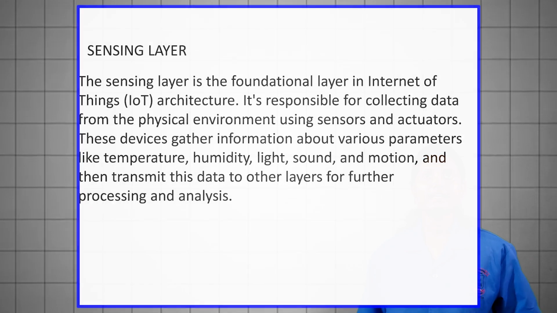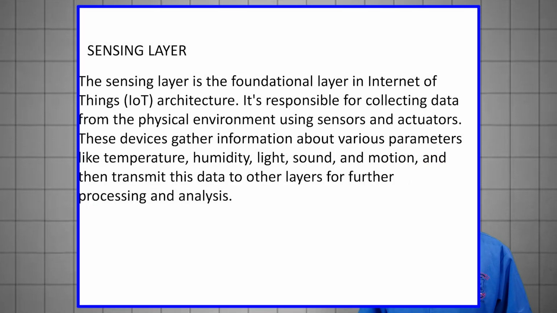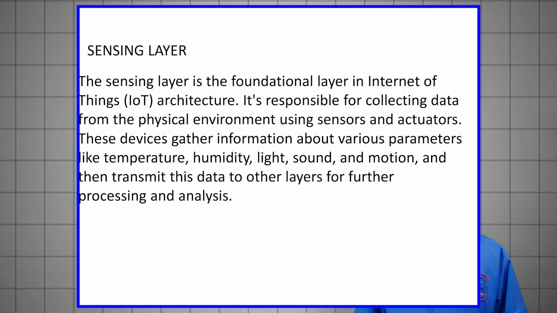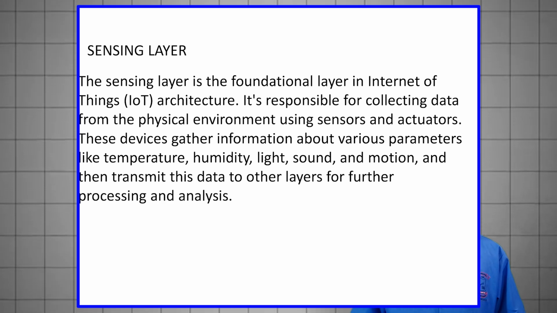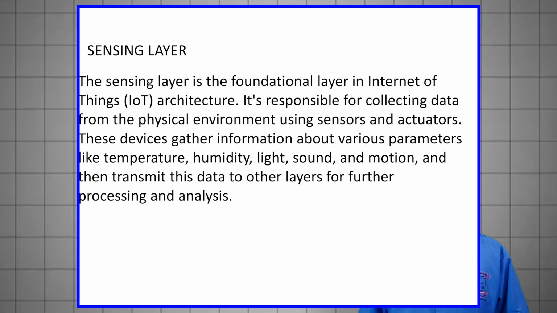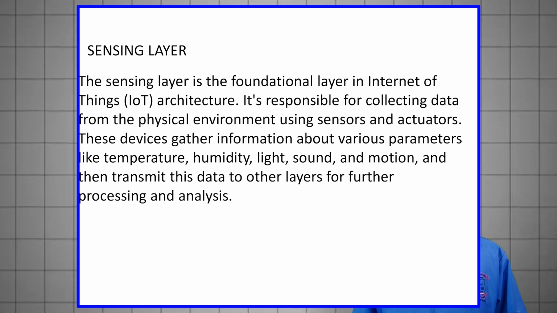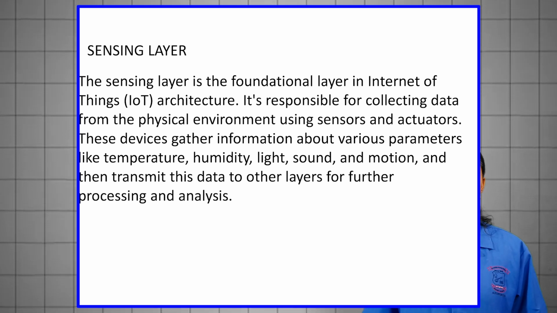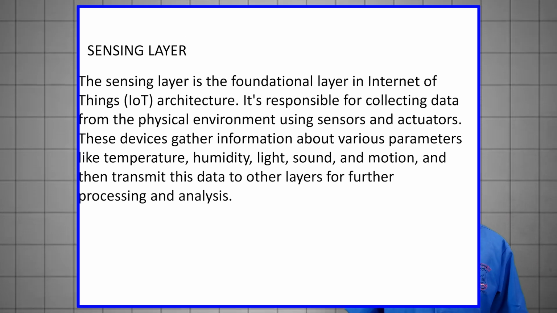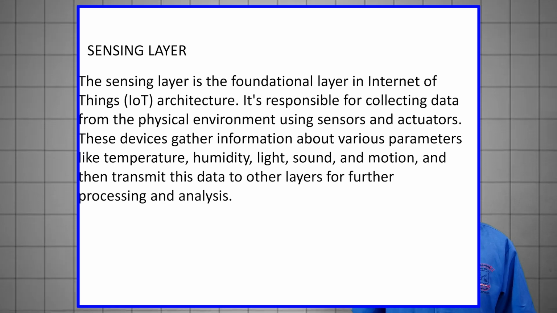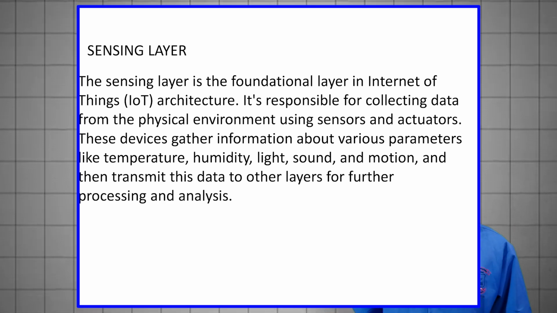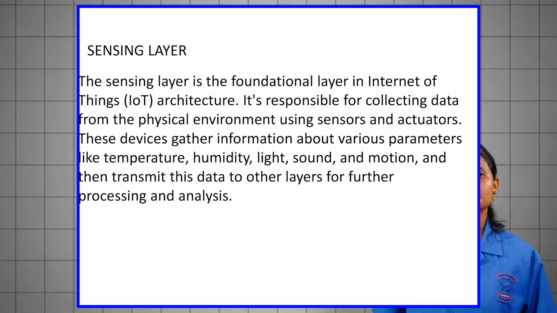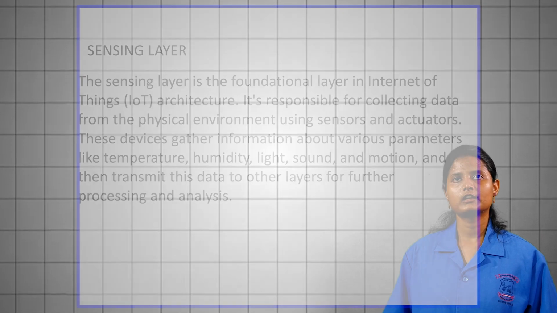Next, sensing layer is the foundational layer of Internet of Things. It is responsible for collecting data through the sensors and actuators, for example temperature, humidity, light, sound and motion, and then transmits this data to other layers for further analysis, to see how it is working and manage the ones which are not working.